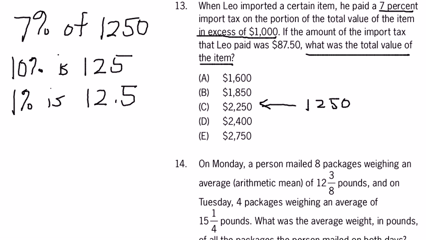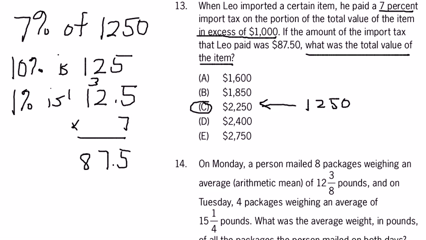So I can get 7% by either multiplying 12.5 by 7 or multiplying 12.5 by 3 and subtracting it from 125. I'm just going to multiply by 7. Oh, and I actually haven't worked this out, and the first answer is actually the correct answer. So C is the total cost of the item.